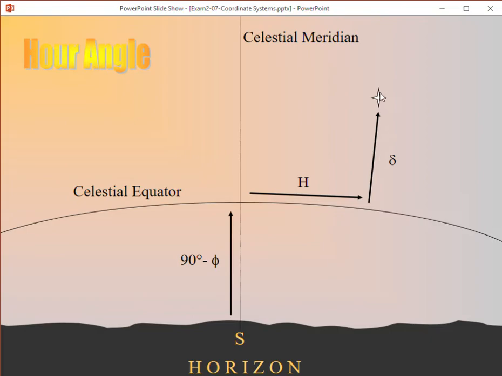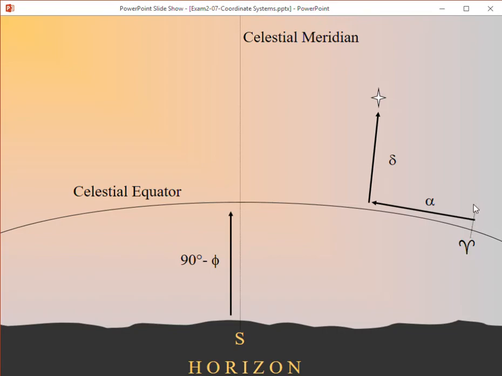Then measuring up from the celestial equator to where the star is, that's declination. In a similar way, right ascension alpha is measured with respect to that gamma-looking symbol over there, which is the symbol for the vernal equinox, the ram's head, or first point in Aries.